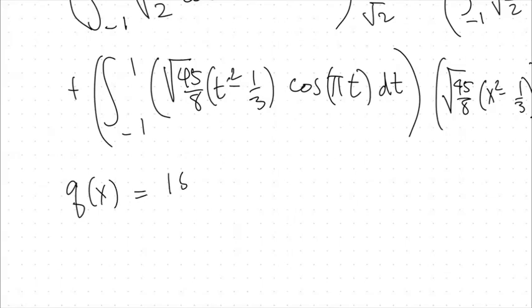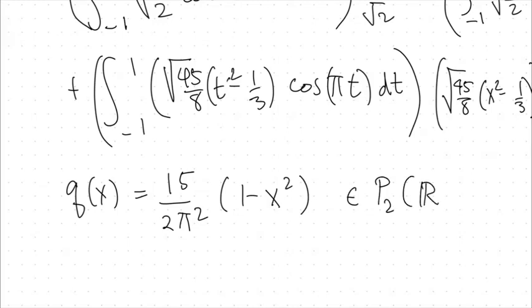the polynomial 15 over 2 pi squared, and then 1 minus x squared. So this is a polynomial, all right? And by some computation, this can be written as follows.